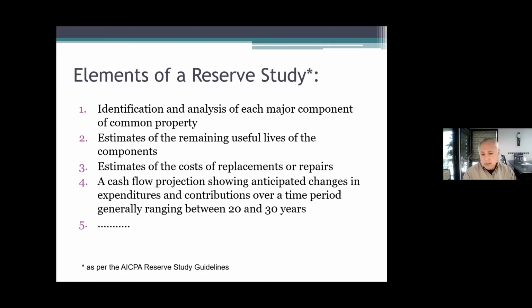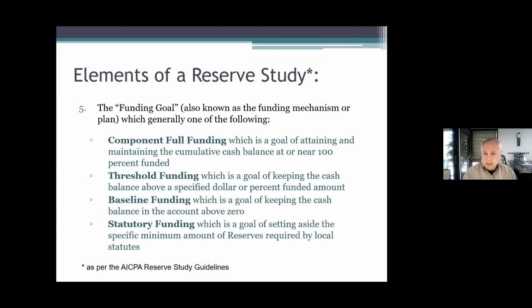And then number 5 is a little more detailed. Number 5 is a funding goal. All right, so they list 4 different ways of establishing your funding goal.